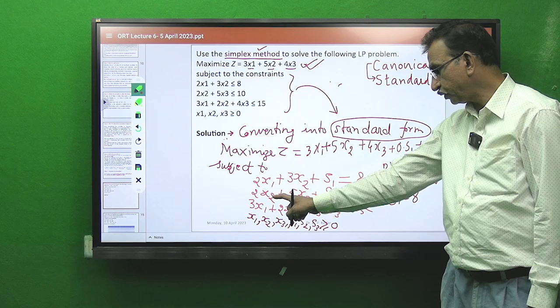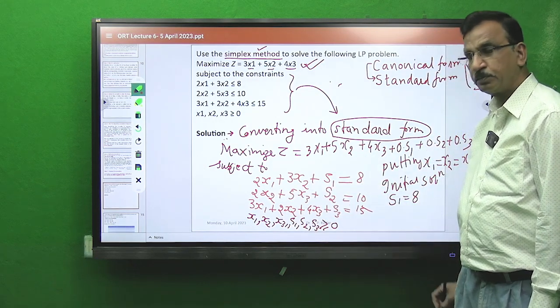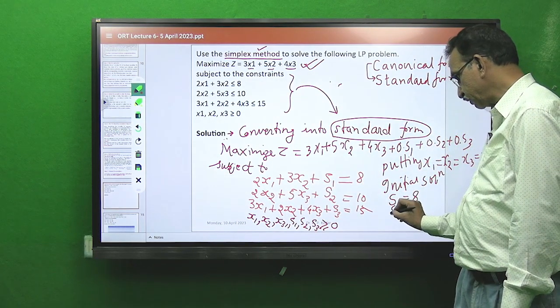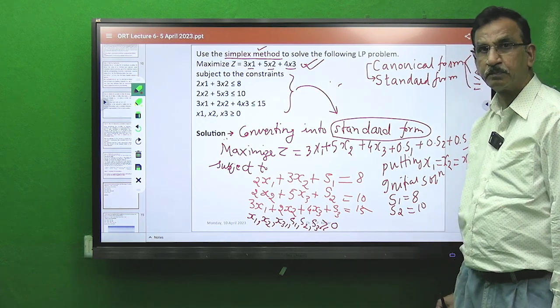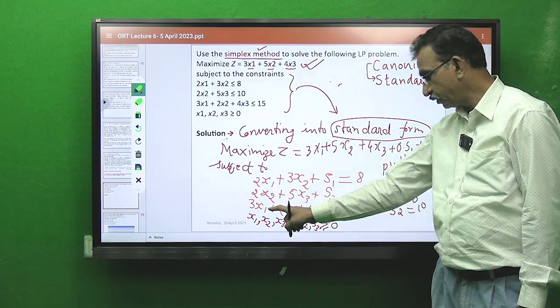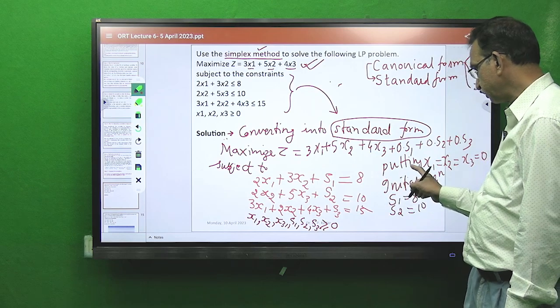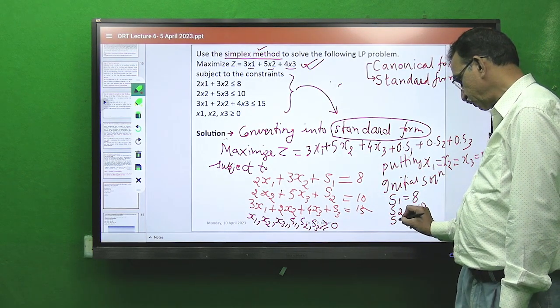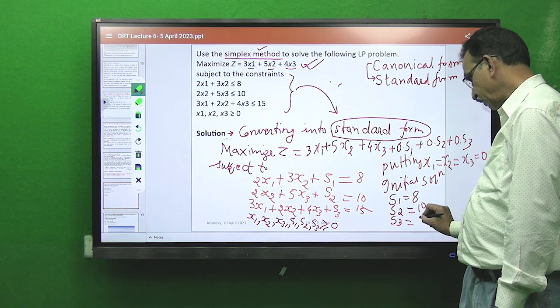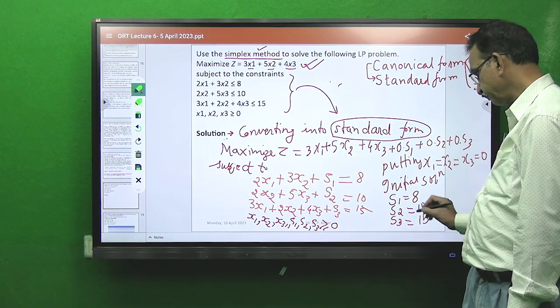Similarly, if you put x2, x3 0, second equation leads s2 equal to 10. And if you put all these 3 variables 0, third equation yield s3 equal to 15.